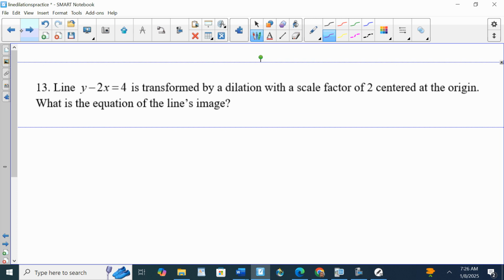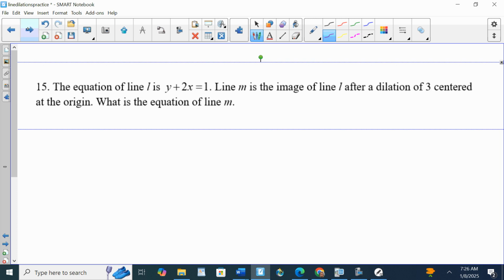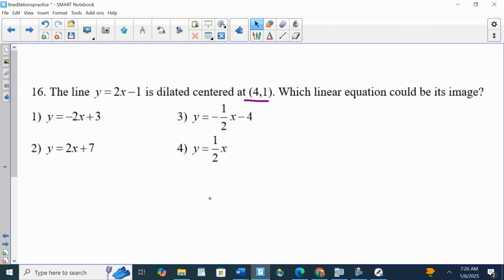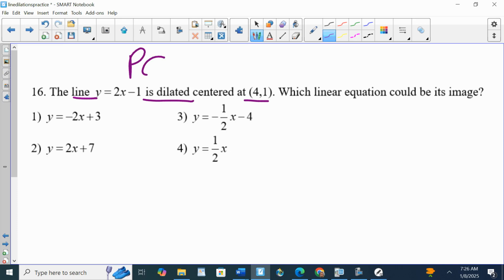Let's move ahead to number 16. The line y equals 2x minus 1 is dilated, centered at 4, 1. It doesn't say what the scale factor is. So if it doesn't say what the scale factor is, I don't know what the new image is going to be. All I know is that line dilations keep the slope parallel.